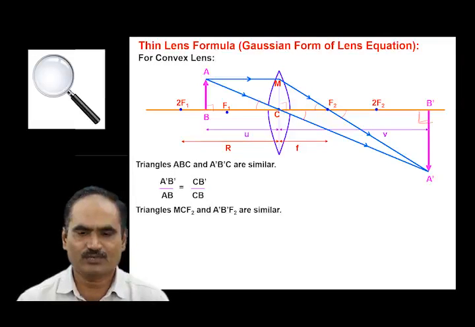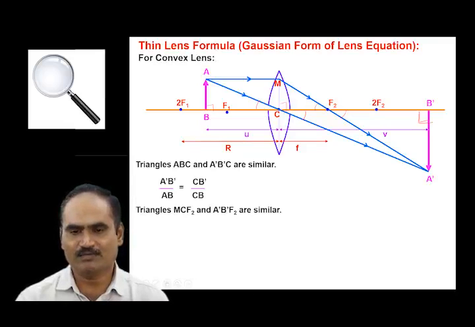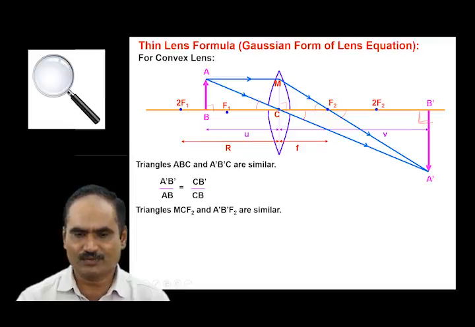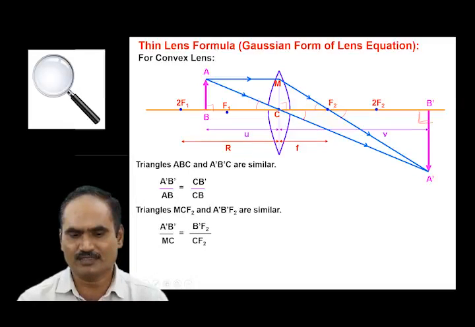So by the property of similar triangles, we can write A dash B dash by MC is equal to B dash F2 by CF2.